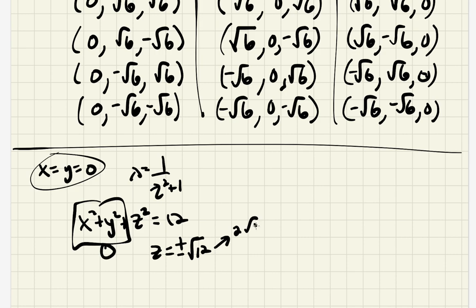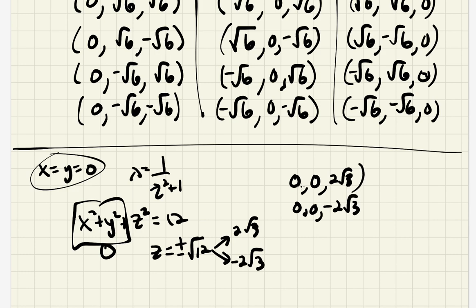That's 2 root 3 or negative 2 root 3. And so that gives us 6 more points. 0, 0, 2 root 3, and 0, 0, negative 2 root 3.